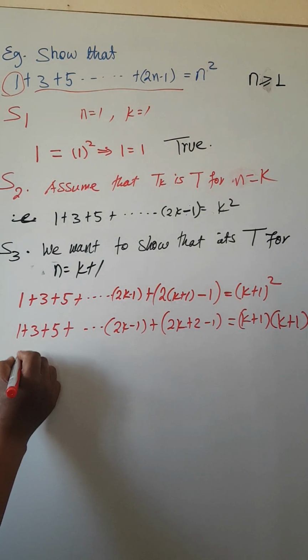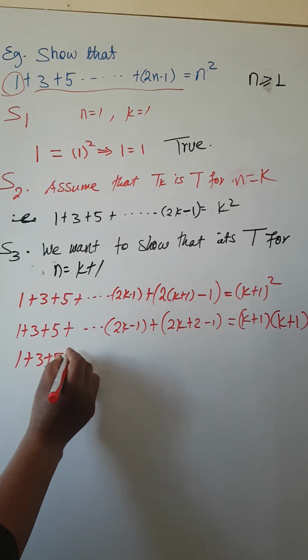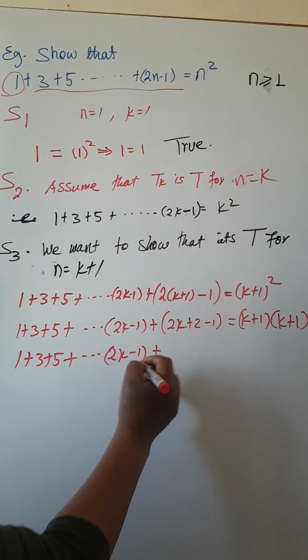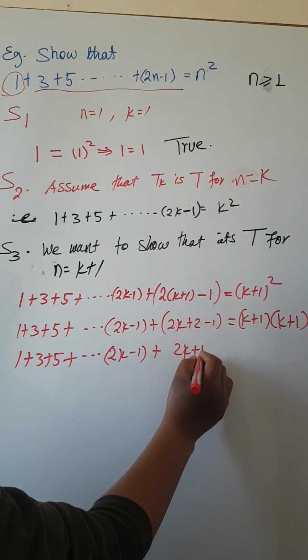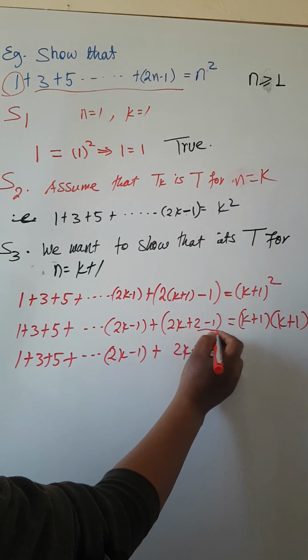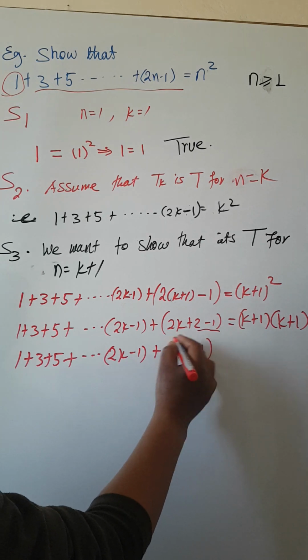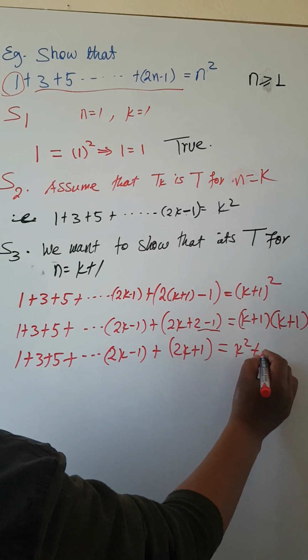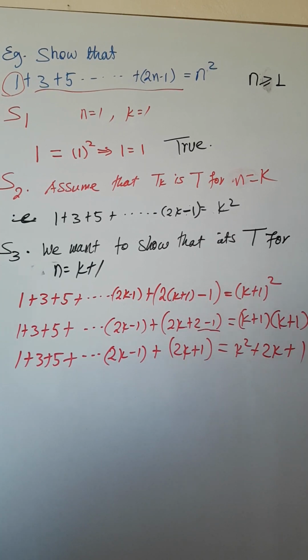Now again, this is 1 plus 3 plus 5 plus 2k minus 1 in the bracket, plus 2k plus 1, since 2 minus 1 is 1. This is equal to k squared plus 2k plus 1, because k times k is k squared.